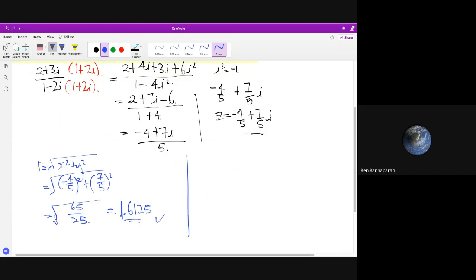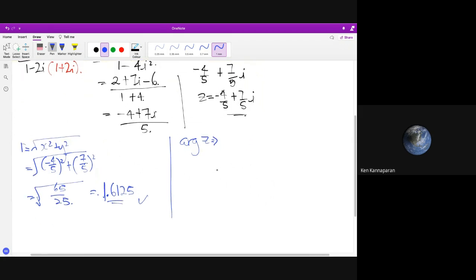Next, I have to find the argument of z. Every time the question requires you to find the argument of z, split that into coordinates and then try to sketch them. So we have -4 over 5, which represents the x-axis or the real axis, and then 7 over 5, which represents the imaginary axis, 7 over 5i.